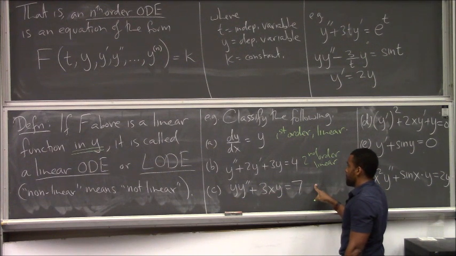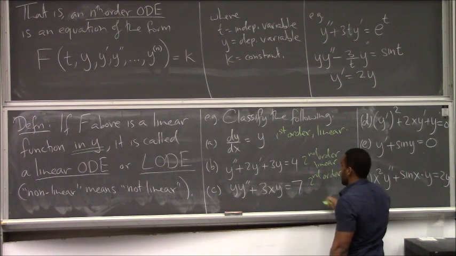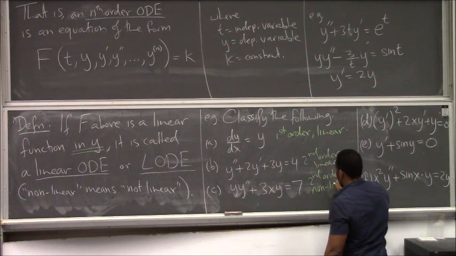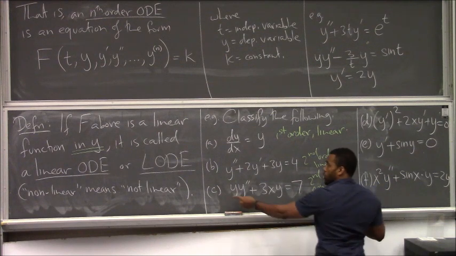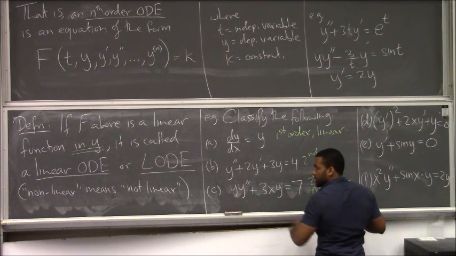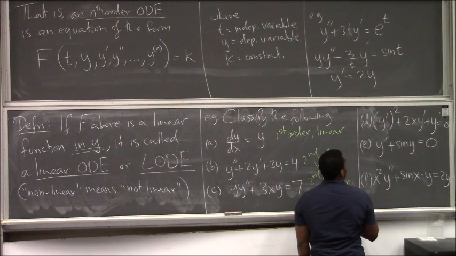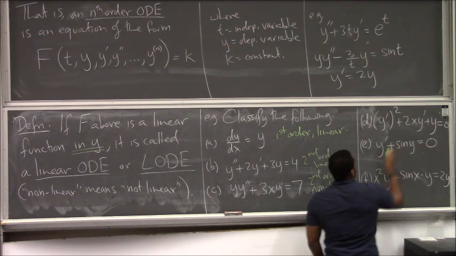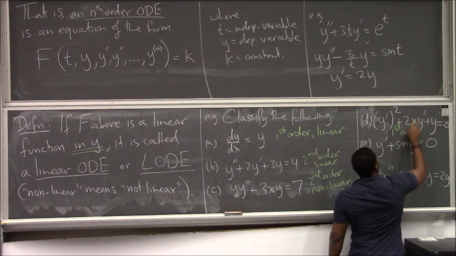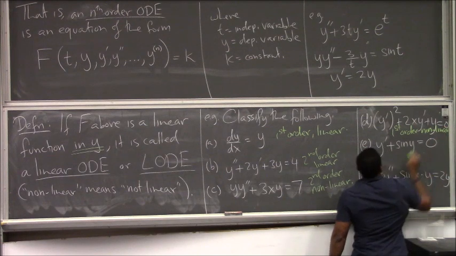Second order nonlinear. Second order linear or nonlinear? Nonlinear. Why? Because y times y prime. Because you have the y times the y double prime. This means it's not linear in the y's, right? This one? First order nonlinear. Why?